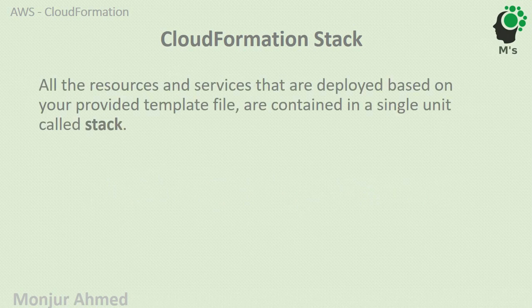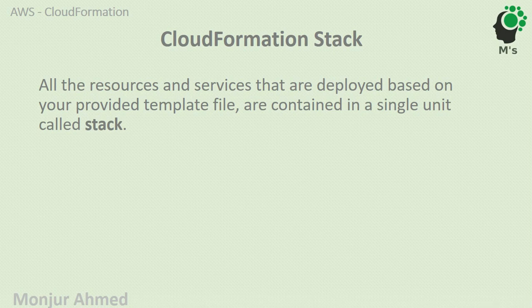So all the things that we want, we put in a template file, all the resources and services. Resources means the virtual server, the web server, and the website files related to the website that we want to launch, for example, and all the services or the policies.